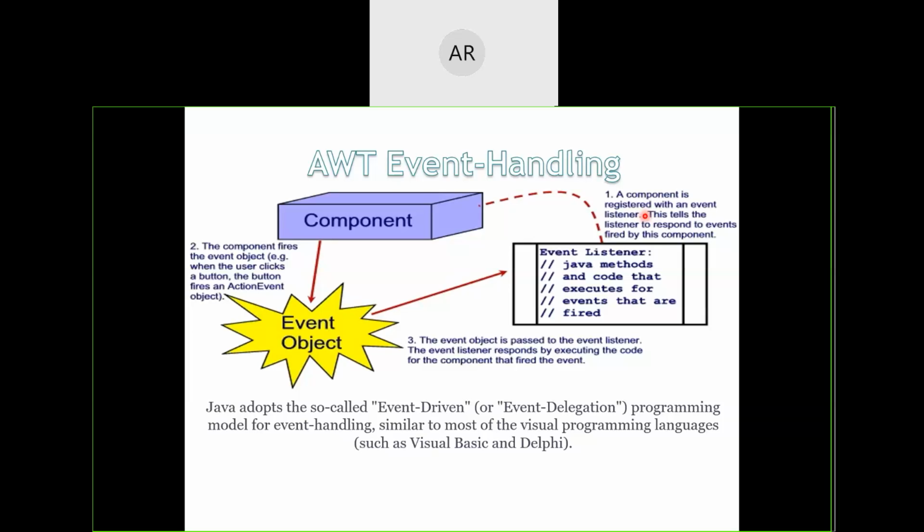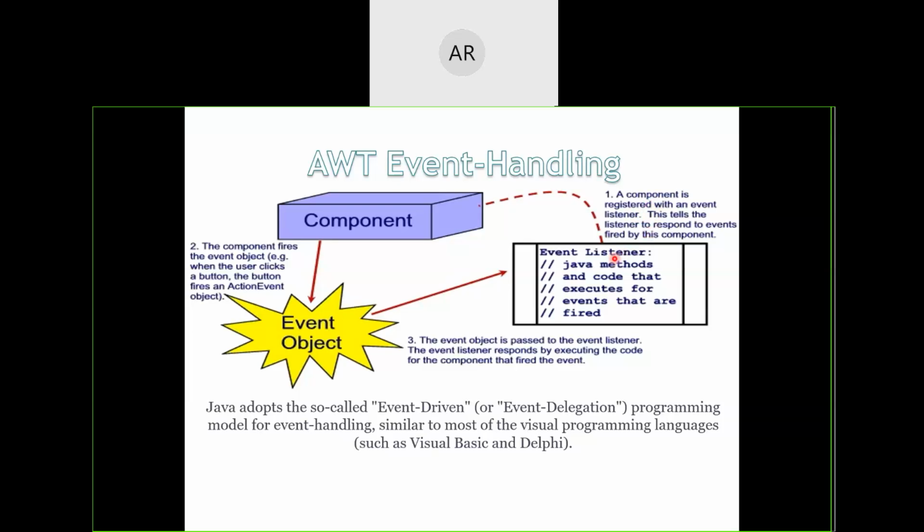When will this information be communicated to the compiler? When we register the component that we have placed in our frame with a particular event listener.